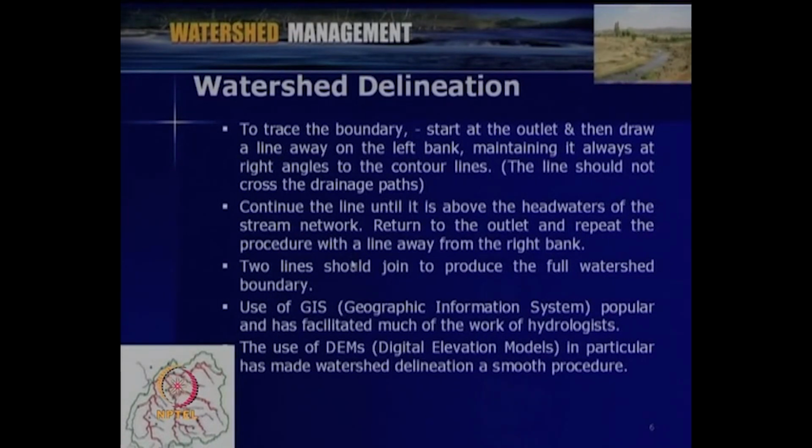So, this is the general procedure, the so-called manual procedure, as far as watershed delineation is concerned. But nowadays very sophisticated geographical information system software is available, like ArcInfo, ArcGIS or GRASS, etc. The use of GIS is now very popular and has facilitated much of the work of hydrologists.